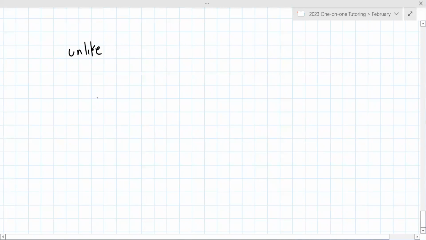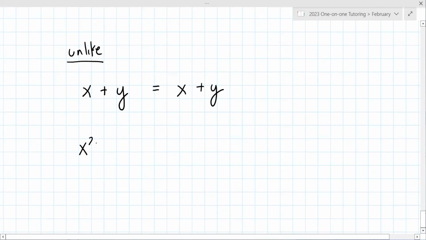Okay, now the following are unlike. Let's look at an unlike example. What is x plus y? It is x plus y. Yeah, because you can't combine unlike terms. That's right. X squared plus x is x squared plus x. They have to have the same exponent to be able to combine them.